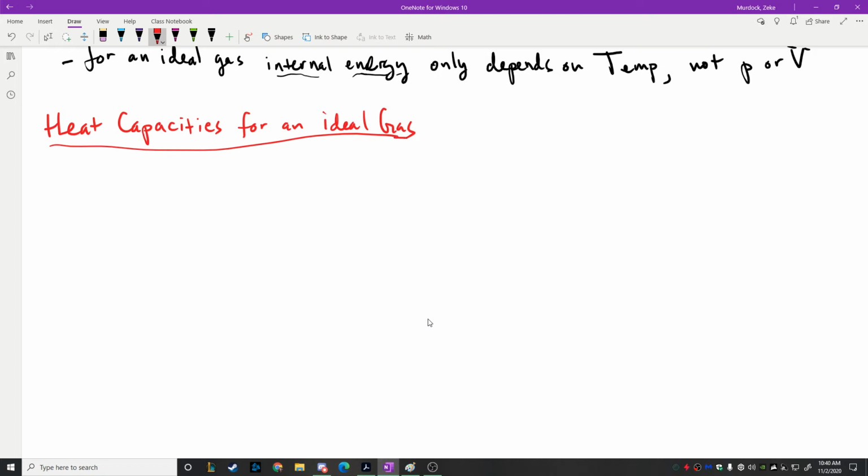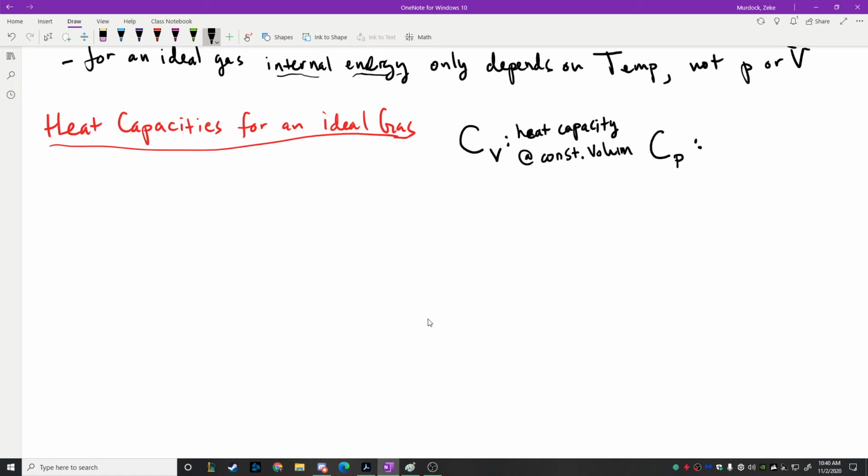Just to refresh how we discuss these things, we said that for an ideal gas, you have heat capacities, and there's two different heat capacities. There is a heat capacity at a constant volume, and there's heat capacity at a constant pressure. So this was heat capacity for constant volume.